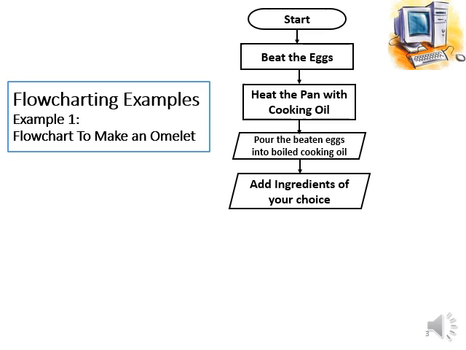So adding those ingredients is also a type of adding input, and it is also represented by parallelogram. Adding salt and other things, those are represented by parallelogram, because those are also type of input that we are adding in our flow chart.